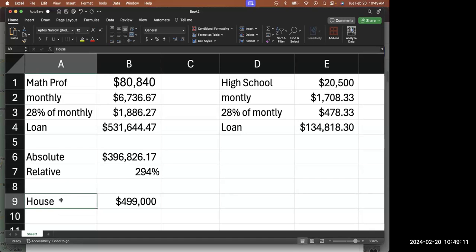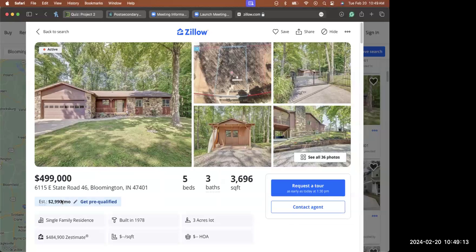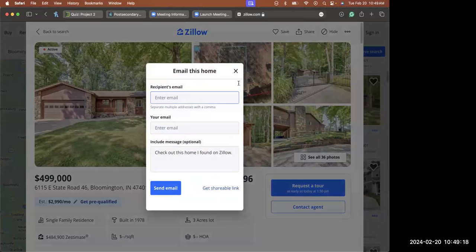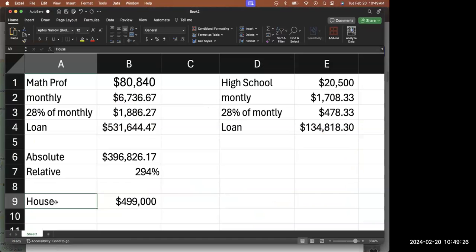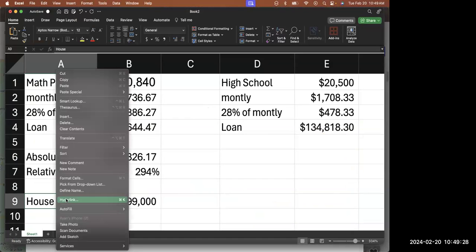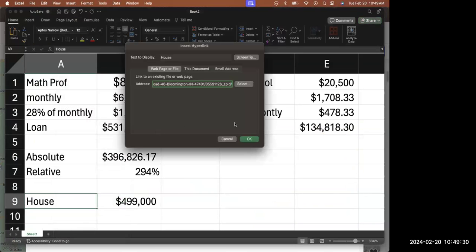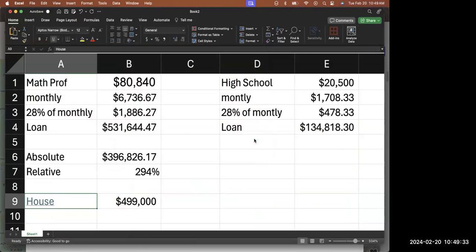Okay, if you want to get fancy, you don't have to do this. You could even share the get shareable link. So you could even save the house if you want. And then if you want, you could make a link to a reference. That's not expected that you would do that.